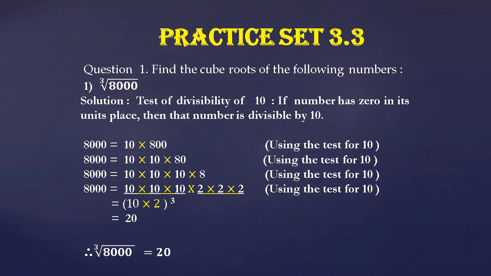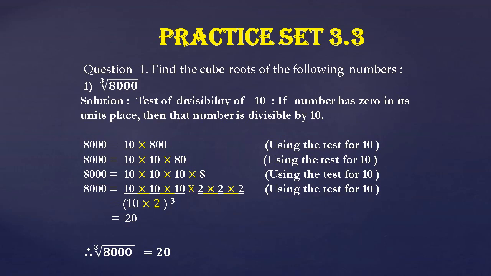Therefore, 8000 is equal to 10 into 800, which is equal to 10 into 10 into 80, which is further divided into 10 into 10 into 10 into 8. 8 can be further divided into 2 into 2 into 2.